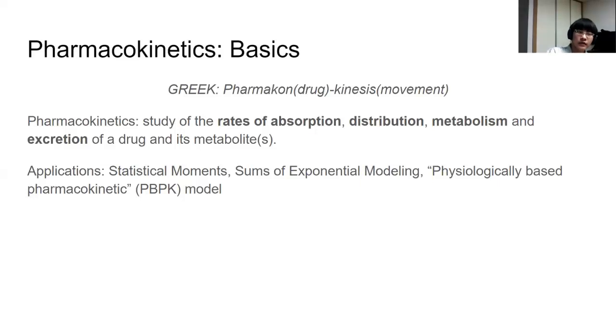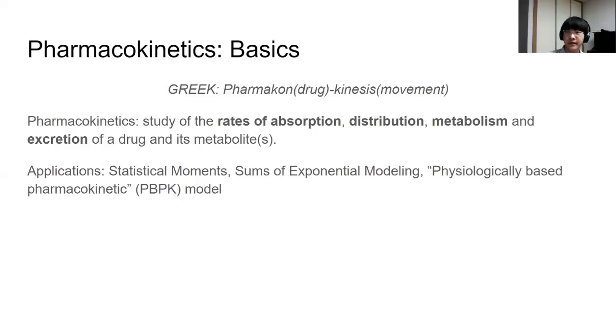So it applies to multiple models, for example, statistical moments for those who are taking AP stats or other college-level stats. And also it does some exponential modeling, and the physiologically based pharmacokinetic model, which is also called the PBPK model. And some of these terminologies will be familiar to you once you go to college, or once, I don't know, you are in middle school.